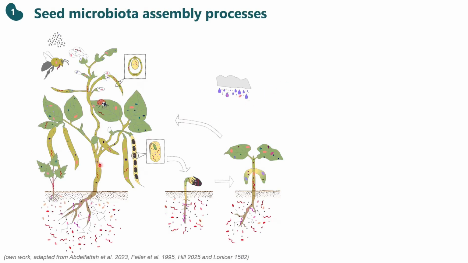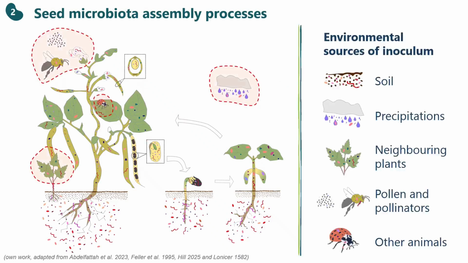Here again, we try to illustrate the diversity of microorganisms that share this environment with the bean plant. The first elements we can focus on are the various sources of microbes that are present in the plant's environment. Generally speaking, the plant can acquire microbial communities transmitted by the soil, by contact with neighboring plants, by passing animals or pollen grains, which can be dispersed by the wind, or from rainwater, for example.